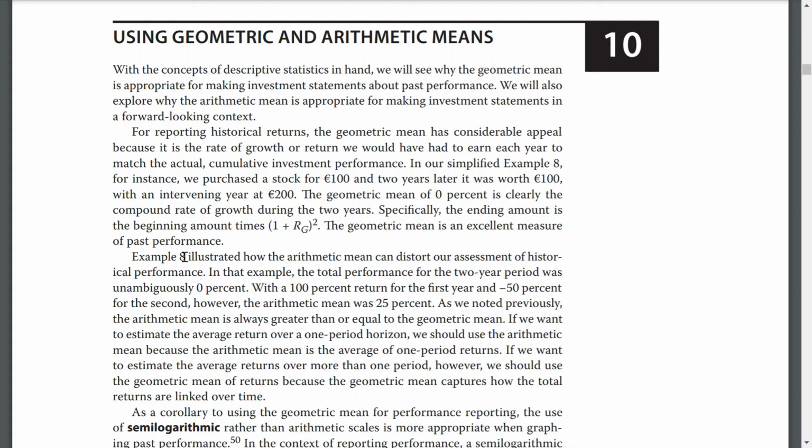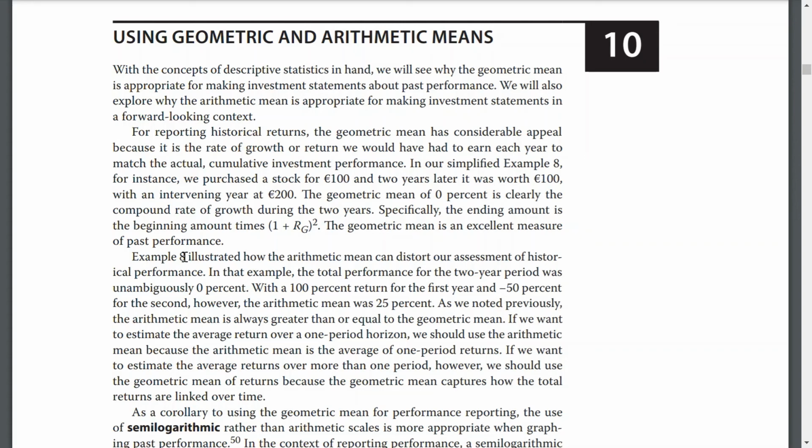The geometric mean of 0% is clearly a compound rate of growth during the 2 years. Specifically, the ending amount is the beginning amount times (1 + r_g) to the power of 2. The geometric mean is an excellent measure of past performance.